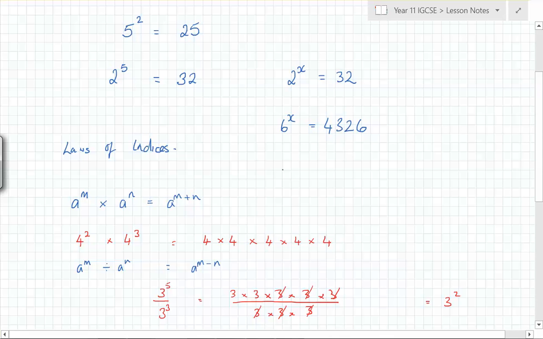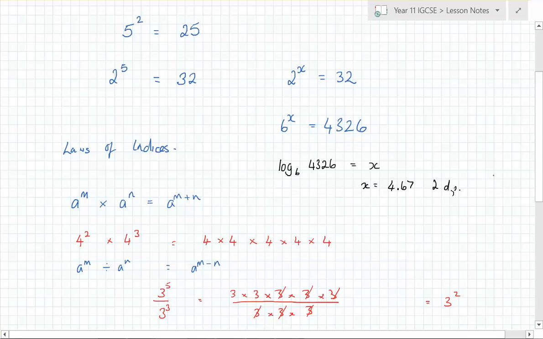You put log to the base 6 of 4,326 equals x. So, in this case, using your calculator, what's x? Go on, Ricky. Around 4.67. So x is 4.67, you think, to 2 decimal places? Yep. Okay. So that's how we can solve those ones.